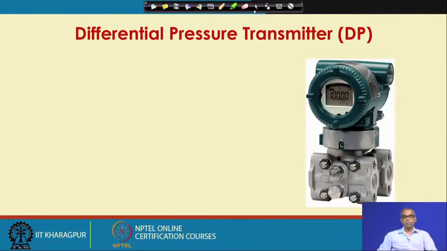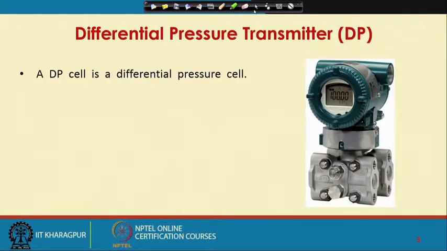So, let us start our discussion with differential pressure transmitter known as DP cell. What you see is the photograph of a DP cell. So, DP cell is a differential pressure cell. So, it measures delta P or difference between two pressures.